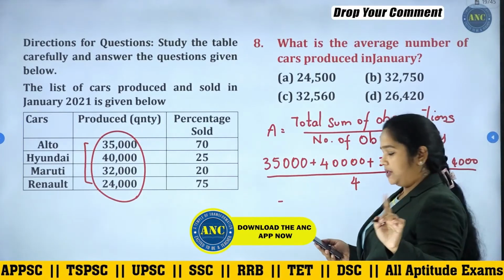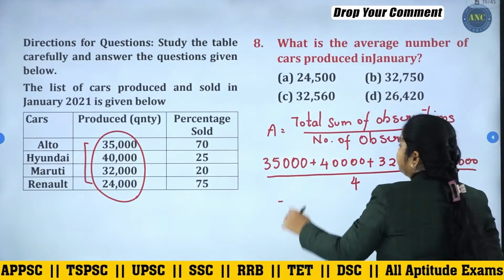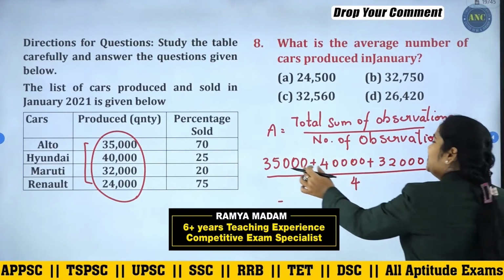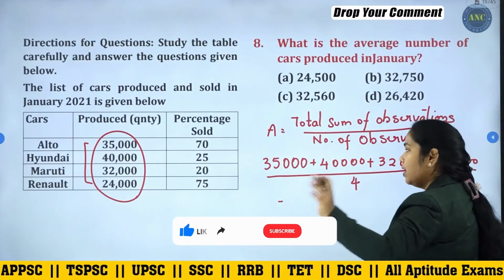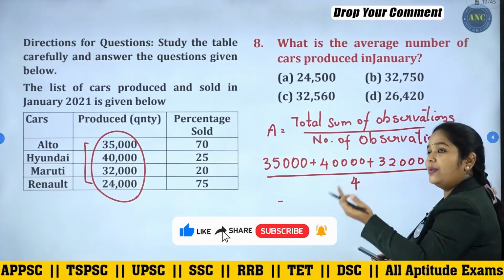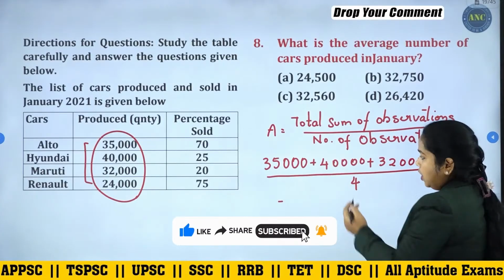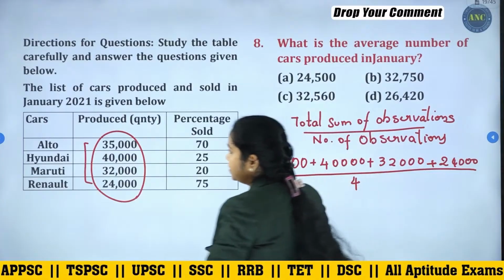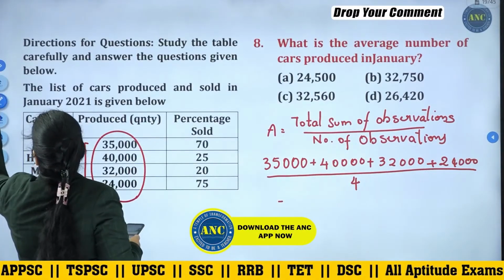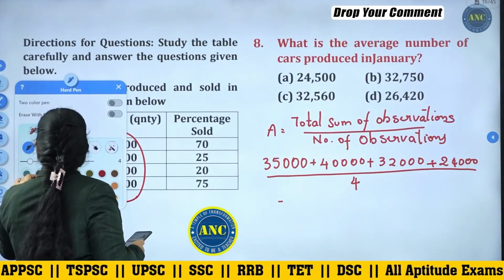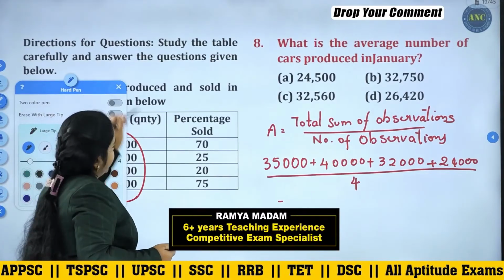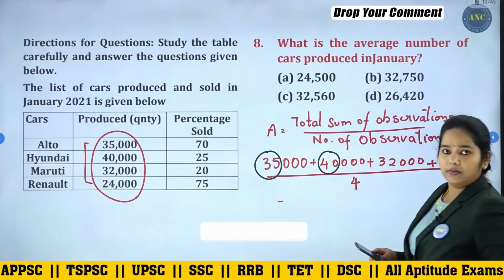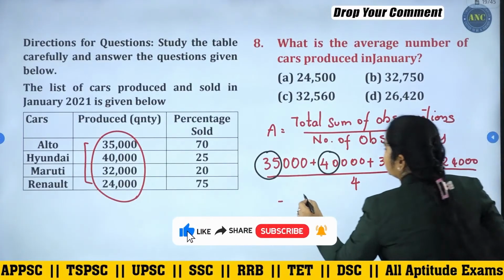Okay, so all are in thousands only, so I am just neglecting the zeros because we can put those 3 zeros later. Fine. Let me change the pen color. So 35 plus 40. 35 plus 40 is how much? 75.